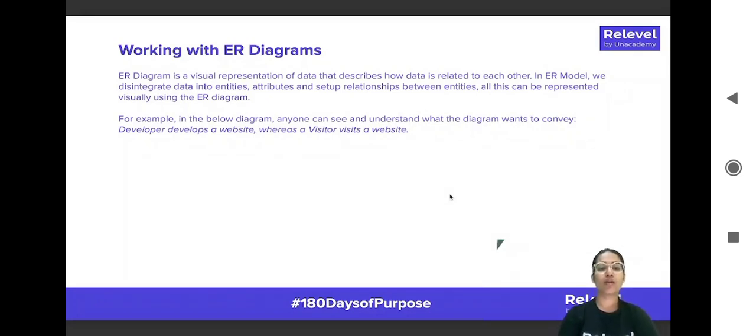So let's talk about a basic definition first. An ER diagram is a visual representation of data that describes how data is related to each other, okay? How the data is actually going to be related with each other. In an ER model, we disintegrate data into entities, which we talked about, and attributes, and then set up relationships between them, okay?